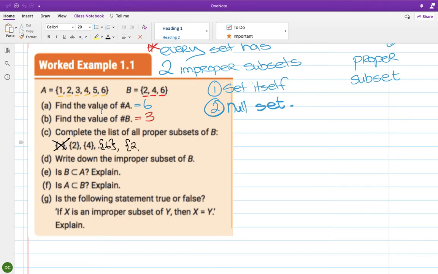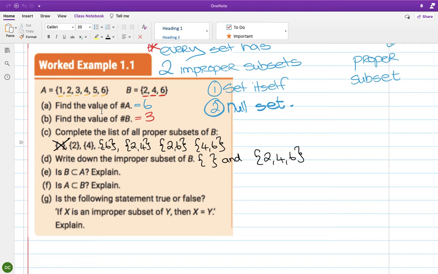Then 2, 4 is a subset. 2, 6 is a subset. And 4, 6 is a subset. Is that it? So remember the order doesn't matter. So like 6, 2 is the same as 2, 6 or 6, 4 is the same as 4, 6. Okay, so write down the improper subsets of B. Like I said, there's 2. The first one is the null set and the second one is the set itself. So 2, 4, 6.